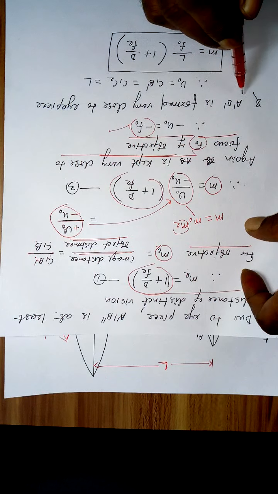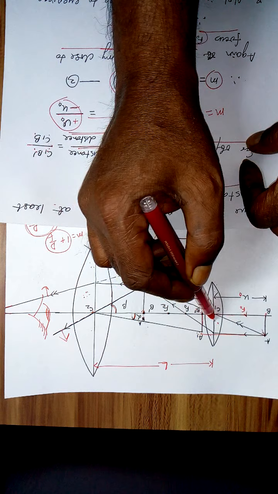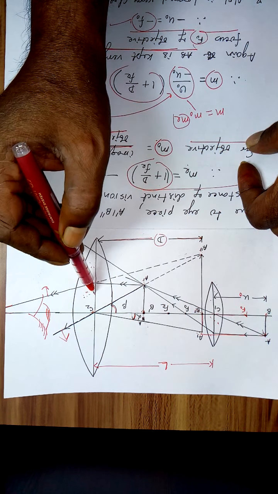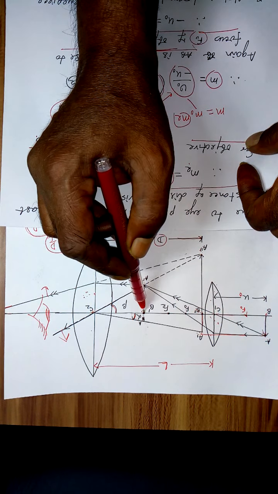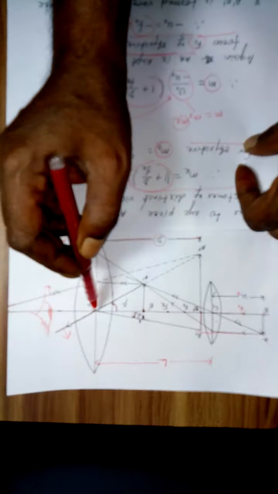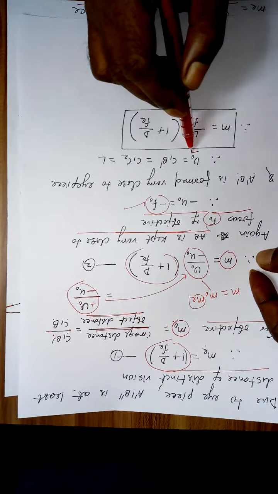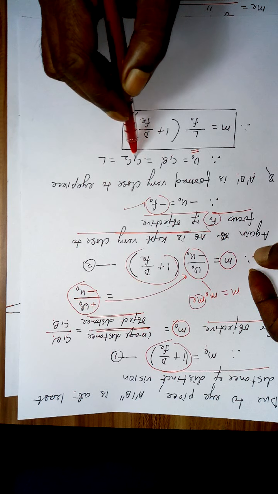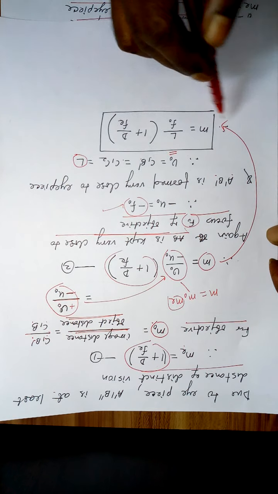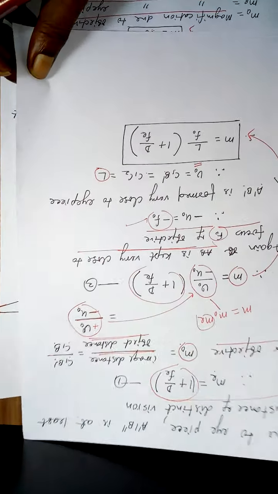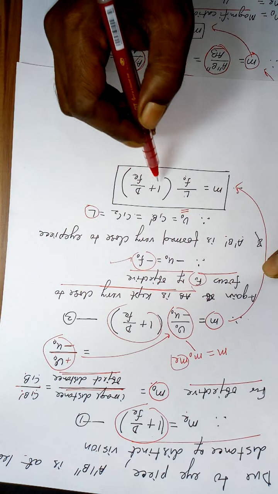And A dash B dash, the image of the object AB due to this lens, in that case will be very close to this lens, meaning the image distance C1 B dash will be nearly equal to C1 C2, that is equal to L. So now your magnification M is equal to L over F naught, into 1 plus D by Fe.